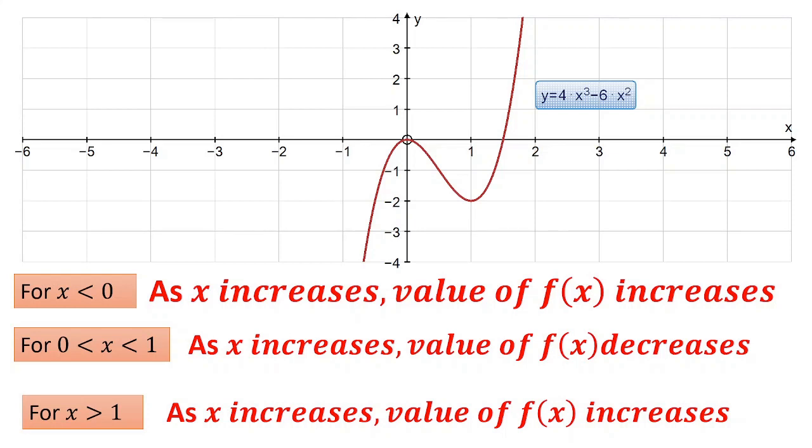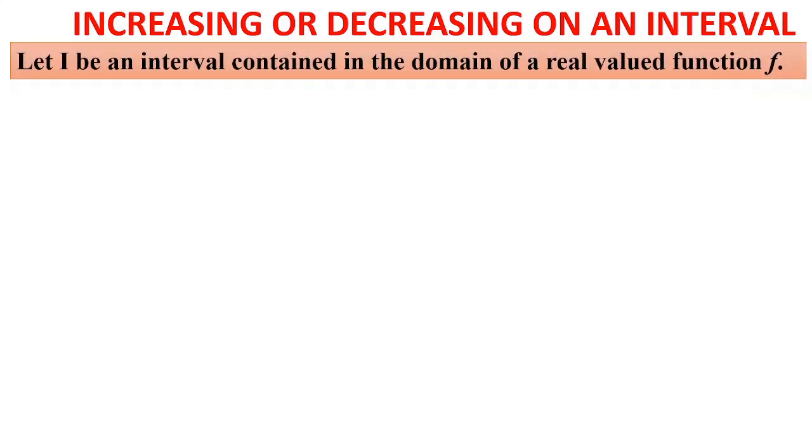This is the graph of the function 4x cube minus 6x square. Therefore, we are now seeing that at some values the function is going up, and at some point it is coming down. But we are now defining increasing and decreasing function.